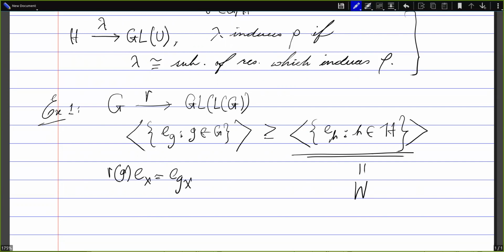So the subrepresentation of rho H on this W, let us denote that by theta.